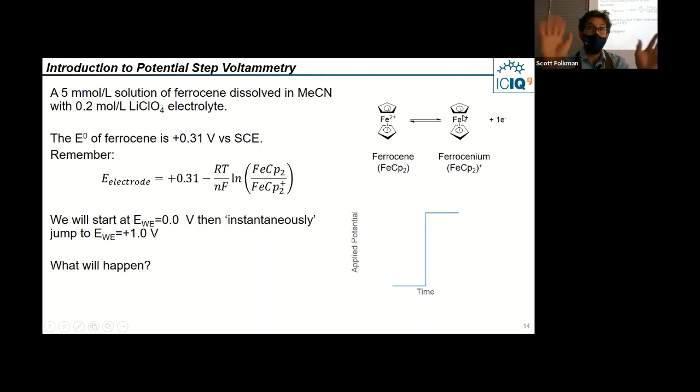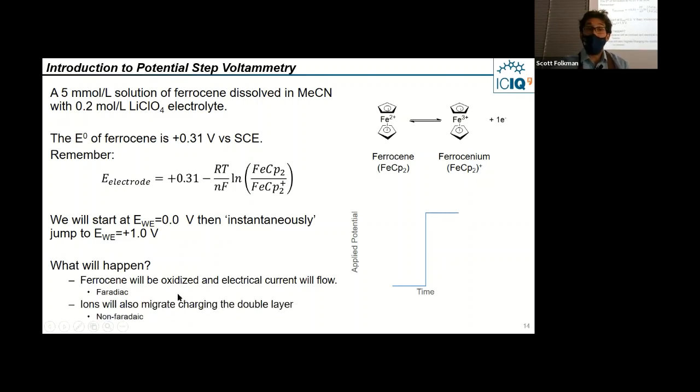So we instantaneously jump, and all of a sudden we have a thermodynamic situation where the iron 3+ is favored. So the electrode will then begin to oxidize ferrocene to ferrocenium from iron 2+ to iron 3+ at the electrode. This will happen instantaneously, and then diffusion controlled kinetics will take over.